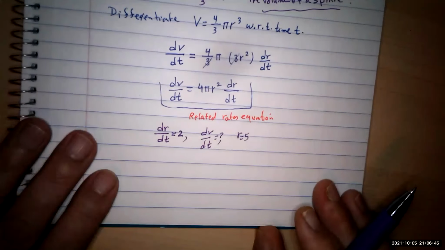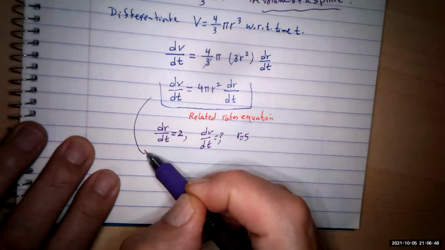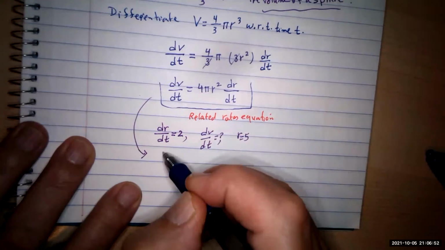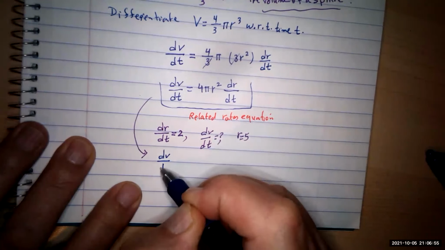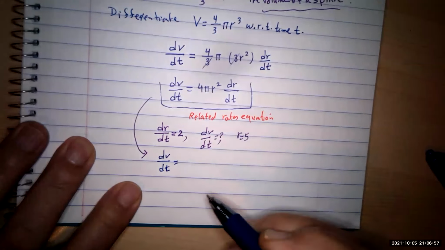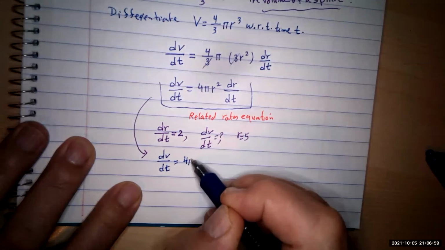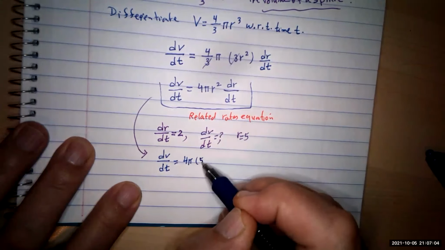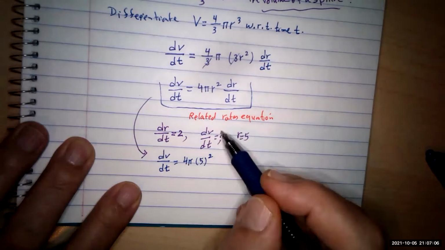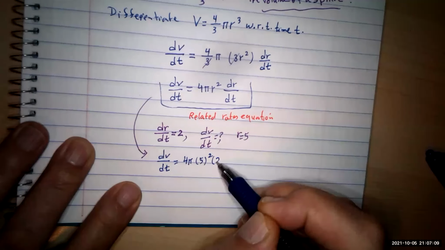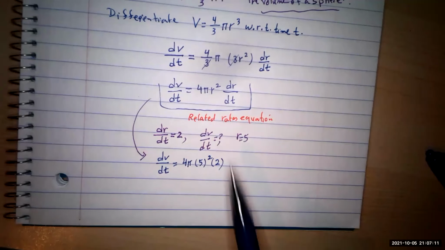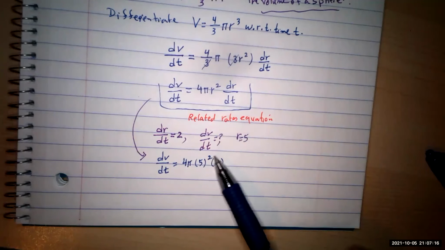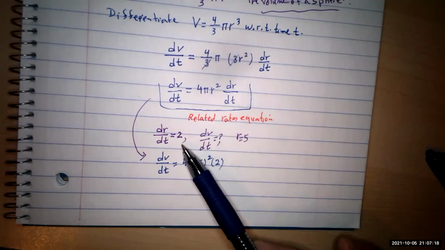Substitute in this equation. So dv dt is the missing one. It is equal to 4 pi r squared, r is 5, so r squared would be 5 squared, times dr dt. dr dt is 2. r is given as 5, so that gives 5 squared. dr dt is given as 2.